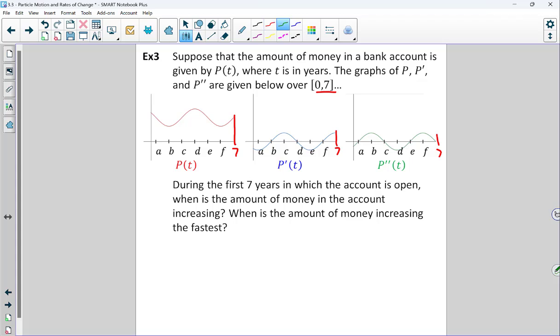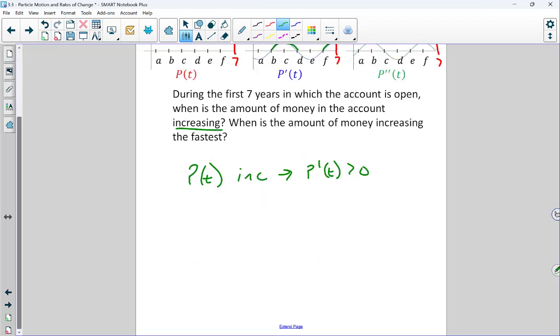So let's start with strictly increasing. P of t is the amount of money in the account. So P of t is increasing when P prime of t is positive. So I can look at P prime of t and see that P prime of t is positive from B to D and then from F to 7. Now, of course, that could also have been answered directly from P of t, increasing from B to D and from F to 7, both of which give me the same result.